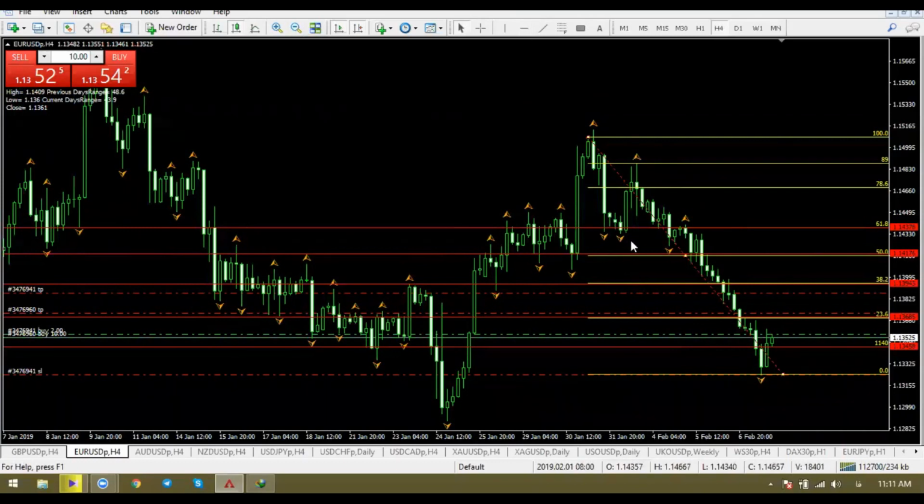So right now, the Fibonacci lines say that there's a pivot here. So when my 23 breaks and the price passes it, our pivot has broken as well. When it passes the 23, it means my pivot has been broken.